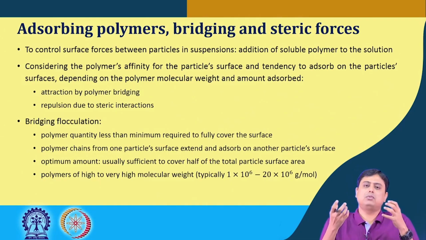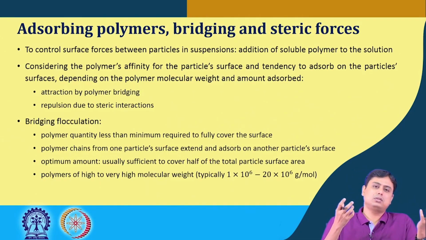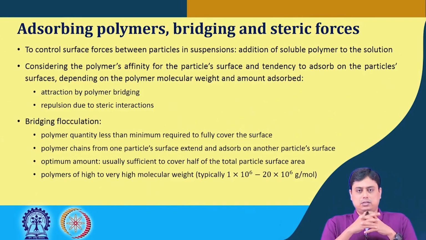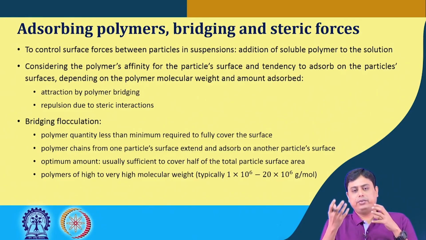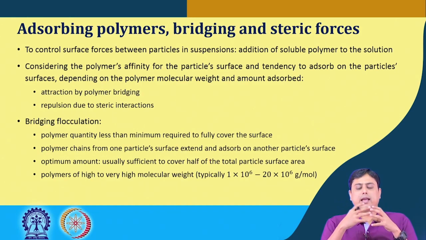These are separate forces from the van der Waals force and the double layer forces. This adsorbed polymer layer can be repulsive or attractive in nature, giving us bridging flocculation or steric repulsion.